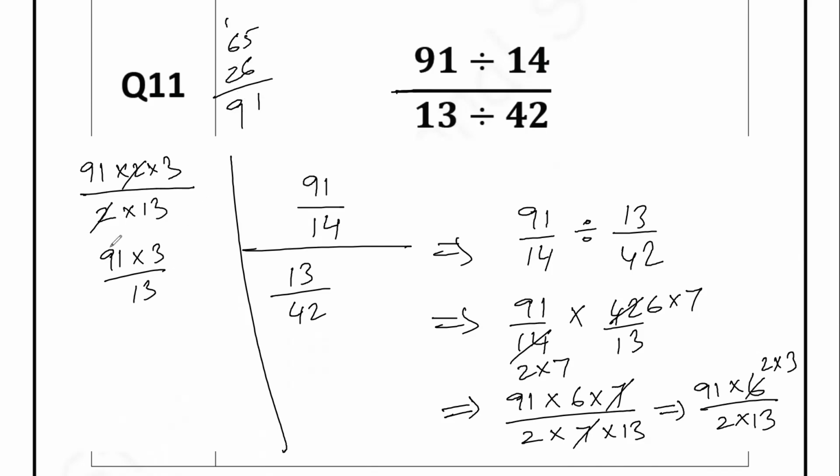This one was difficult that way, because with 91 and 13, if you don't know your tables of 13, it would be difficult to cancel out 91 on its own.